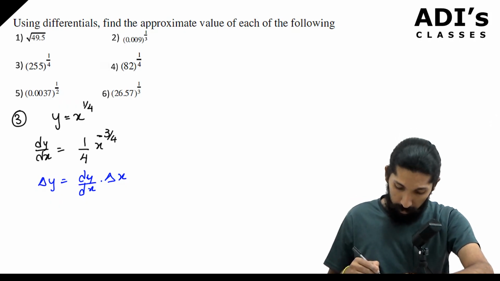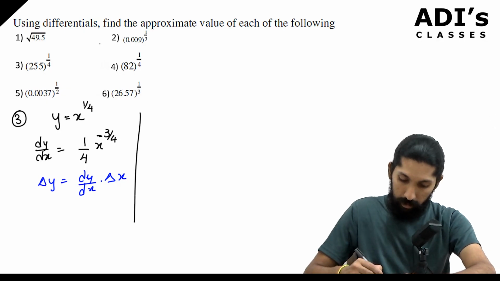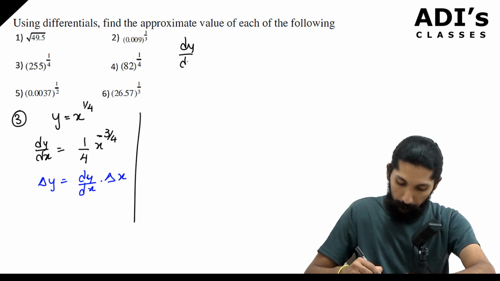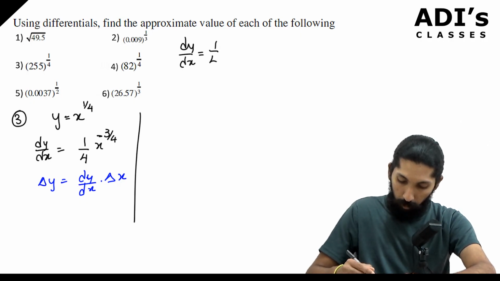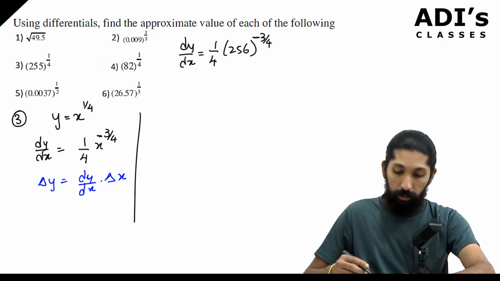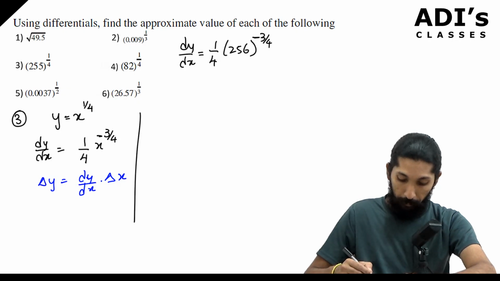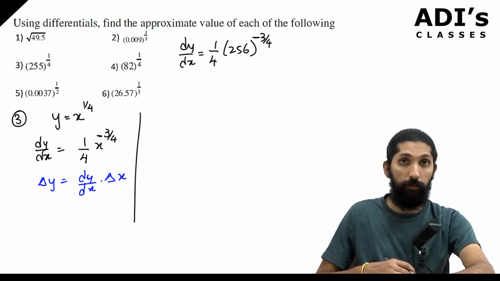So this is going to give us dy by dx as 1 by 4 into 256 power minus 3 by 4. Isn't it?